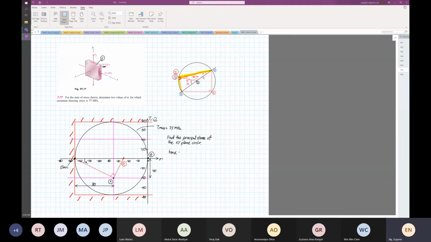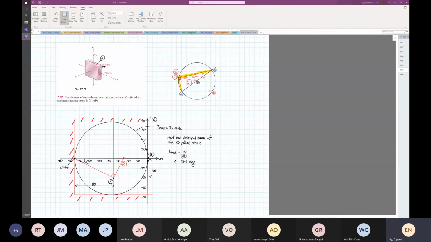So tangent alpha is 40 divided by 80. Taking the inverse tangent, alpha is equal to 26.6 degrees.